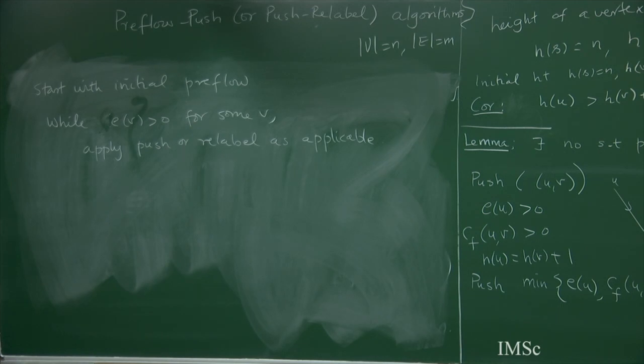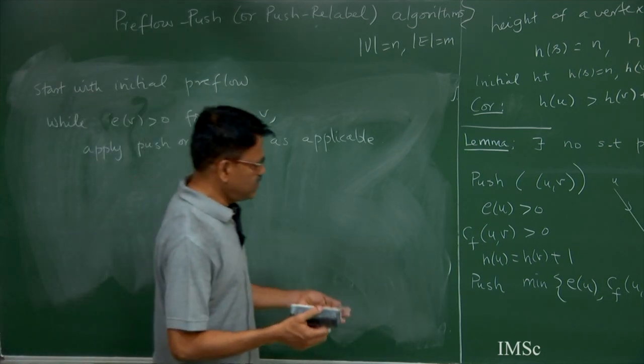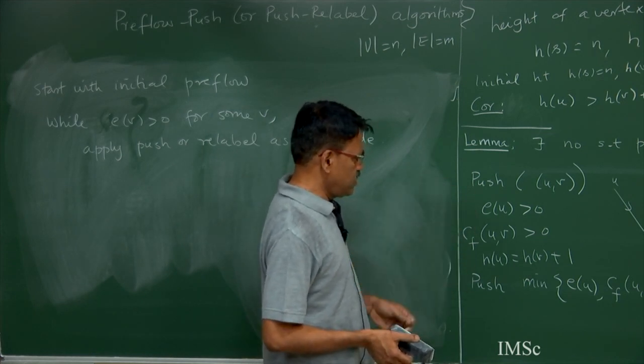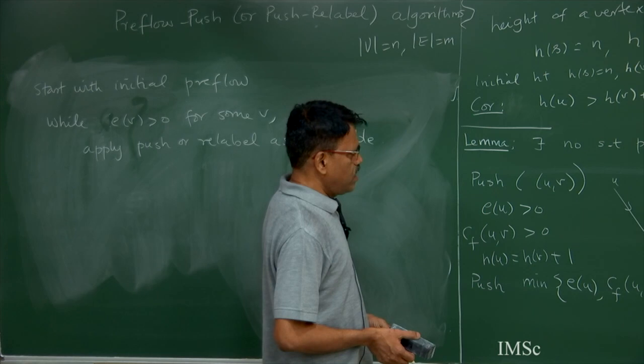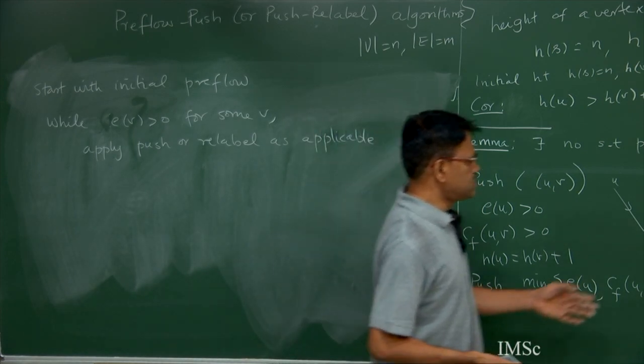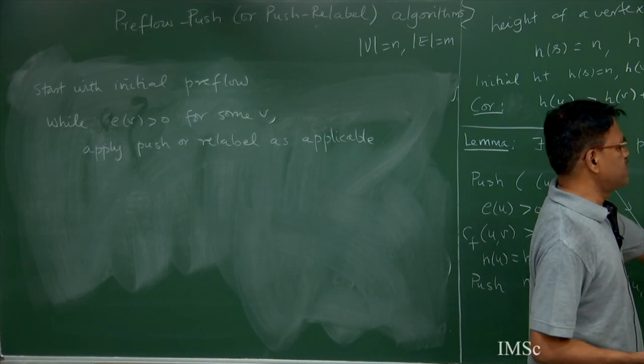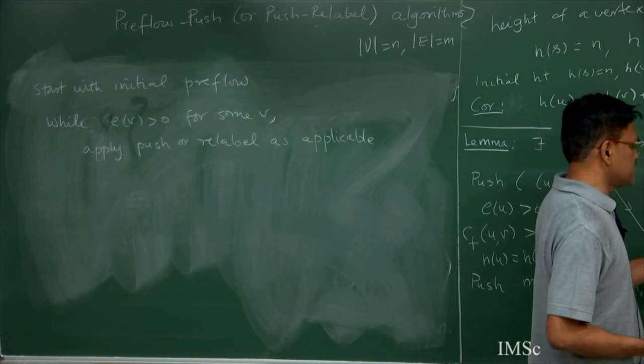So what we addressed, which is easy to see, is that push or relabel will always be applicable. So you'll never get stuck. If you have a vertex which has some excess, and if this is not satisfied, you will find some edge to push to by increasing its height.